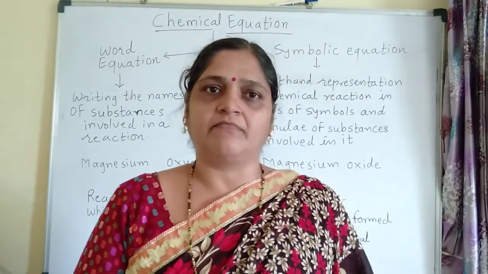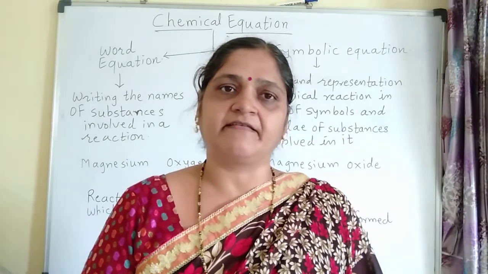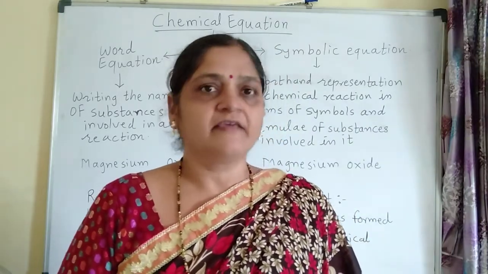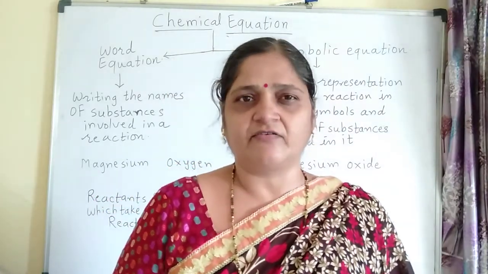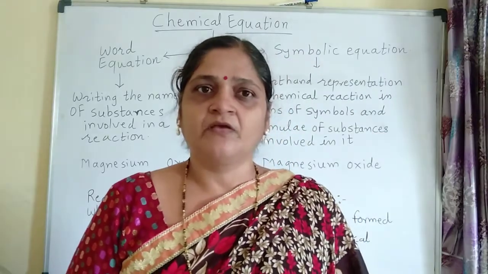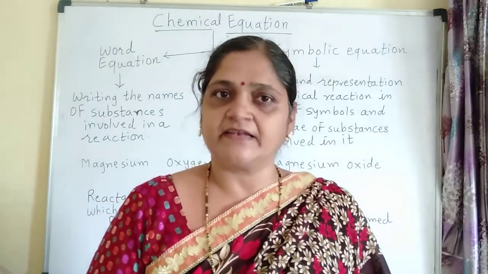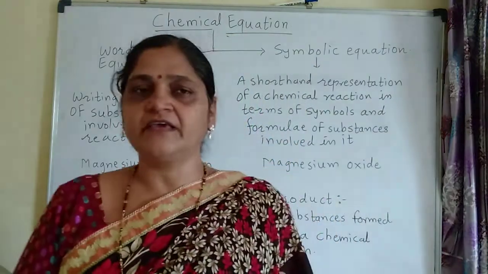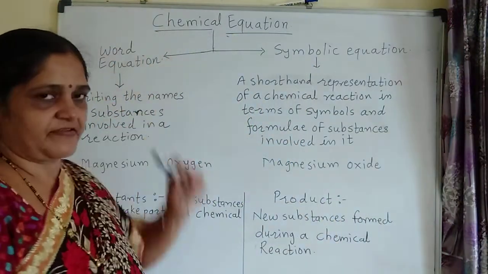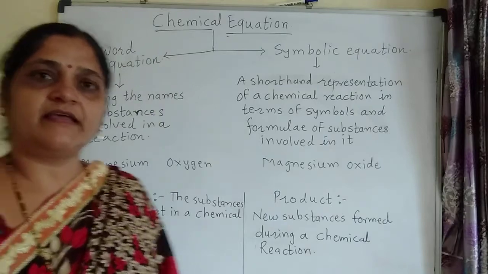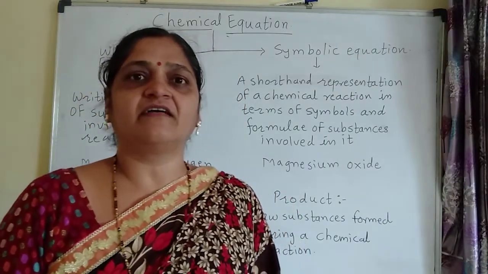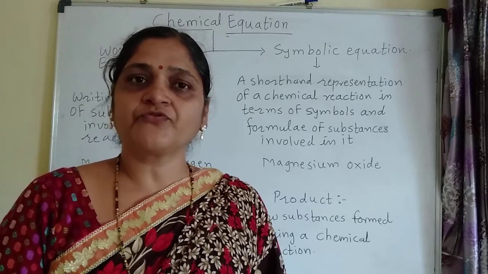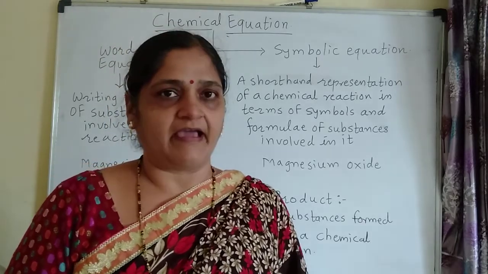Now every time, to write this reaction in the form of a sentence is a very difficult or very tedious task. So to represent a chemical reaction in a short form, we use a chemical equation. This chemical equation is actually a statement used to express a chemical reaction.